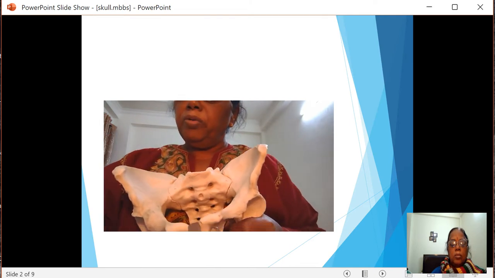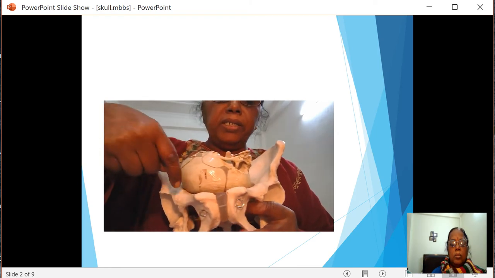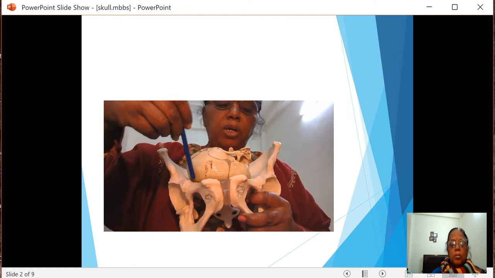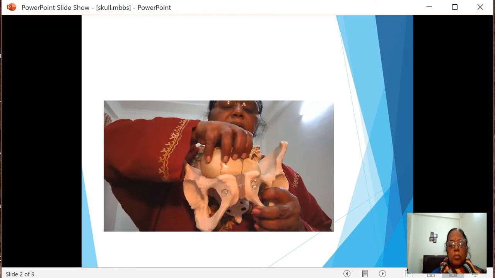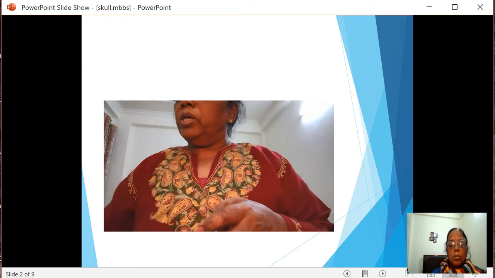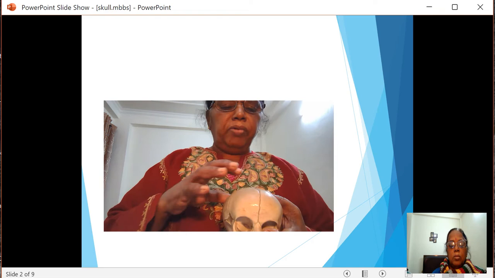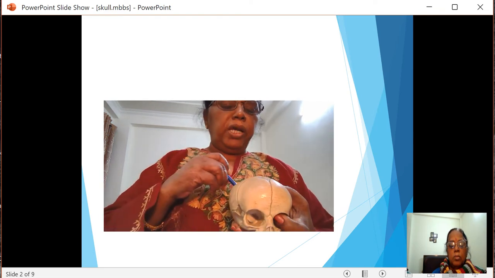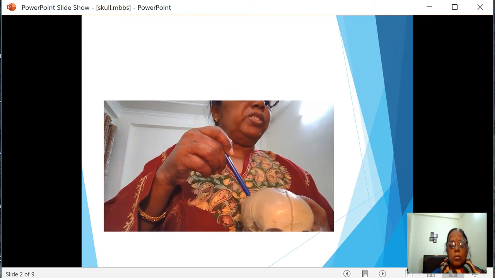So that part of the fetal head which comes in contact with the inlet of the pelvis is known as the girdle of contact. And when we are talking of the girdle of contact, we'll also be talking about the various diameters of the fetal skull. So in the fetal skull we have anteroposterior diameters and the others are the transverse diameters.